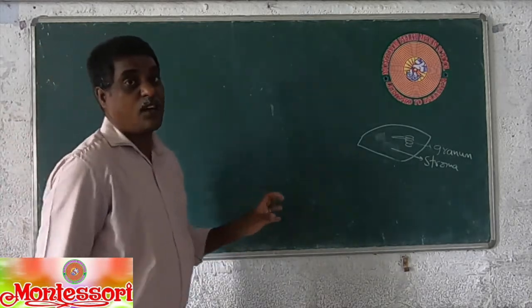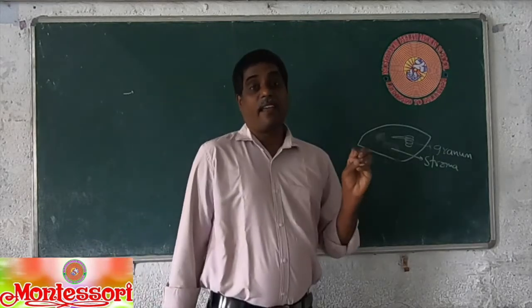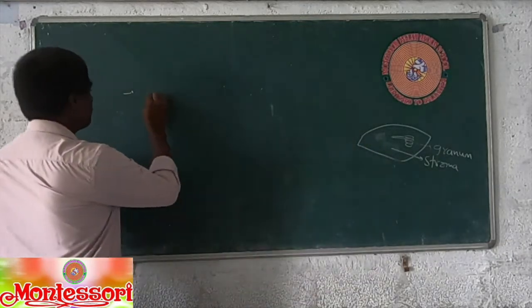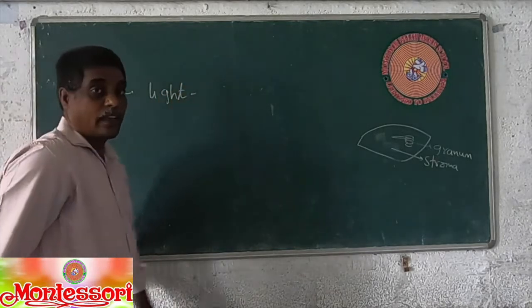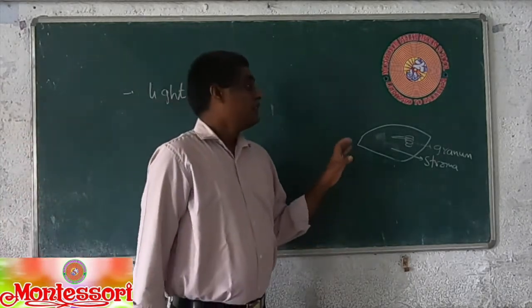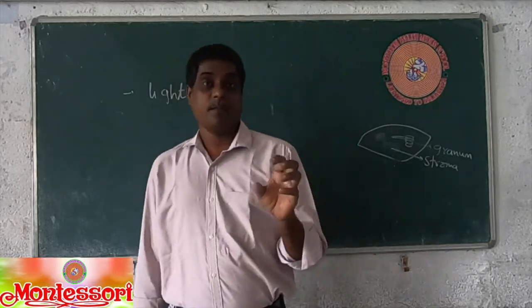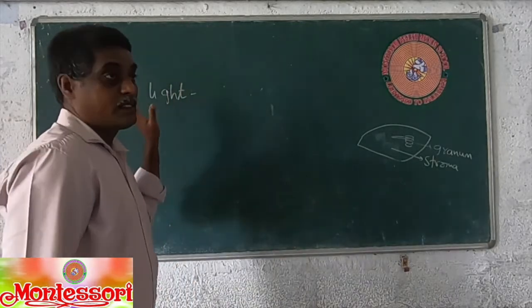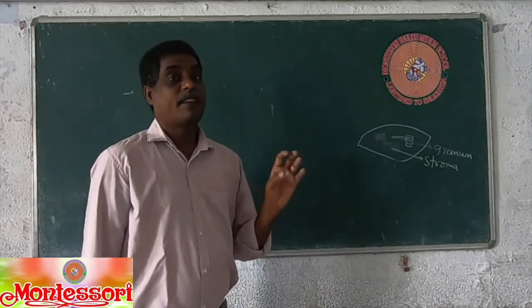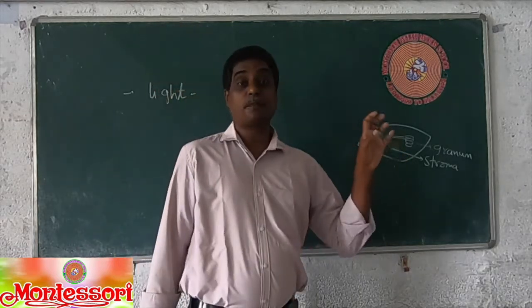In this chloroplast, during the process of photosynthesis, light is essential. Light is essential to initiate the photosynthesis process.